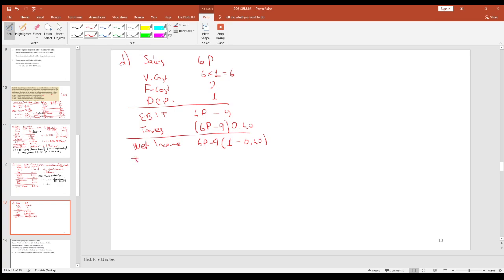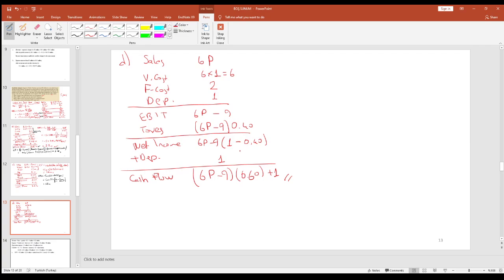Okay, you need that depreciation back here, which is 1, and the result will be the cash flow, which is 6p minus 9, let me take parentheses here, times 60% plus 1.